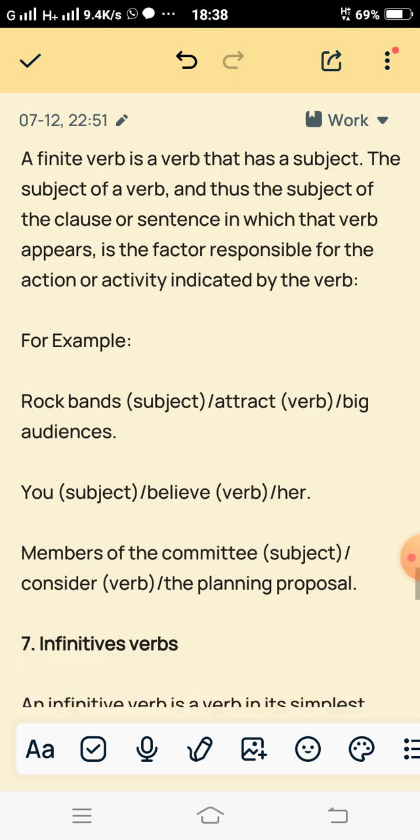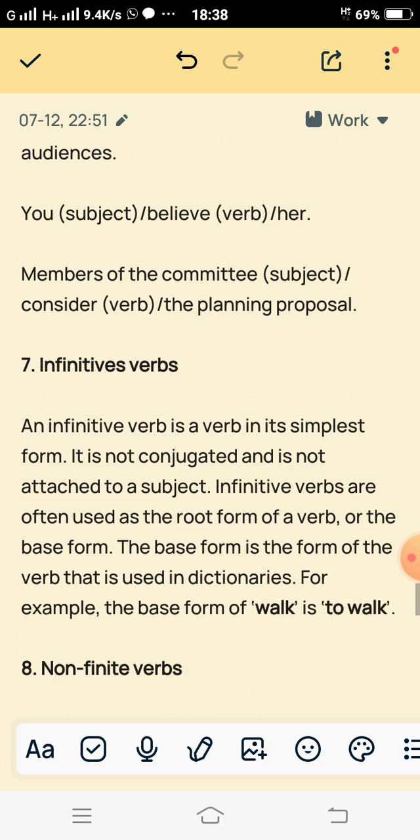Now I explain to you infinitive verbs. An infinitive verb is a verb in the simplest form. It is not conjugated and is not attached to a subject. Infinitive verbs are often used as the root form of a verb, or the base form.